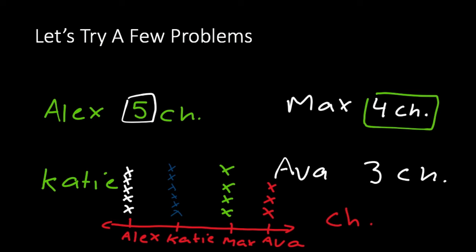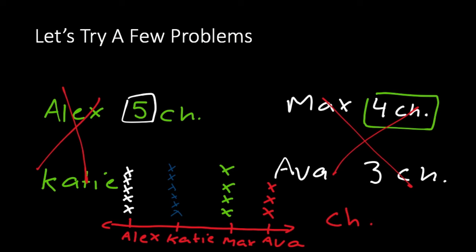Now let's say you do not have this information, and all your teacher gave you is just this information, and telling you to solve it. So basically, you're just going to put, okay, Alex has 5 chocolates, Katie has 6 chocolates, Max has 4 chocolates, and Ava has 3 chocolates. So basically, what you're doing is putting down what they represent.